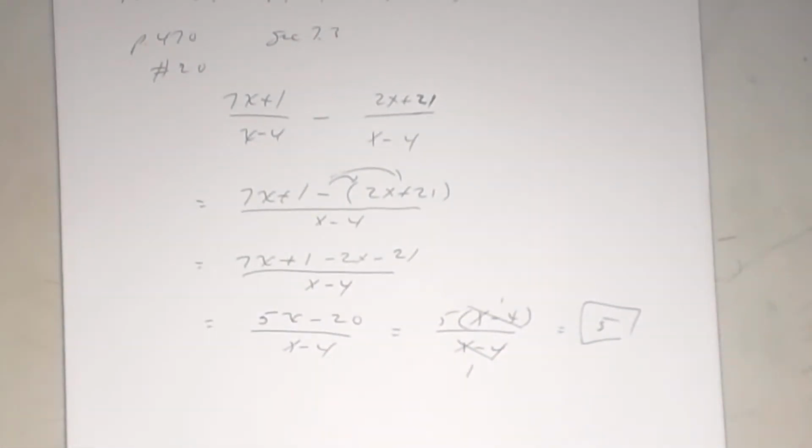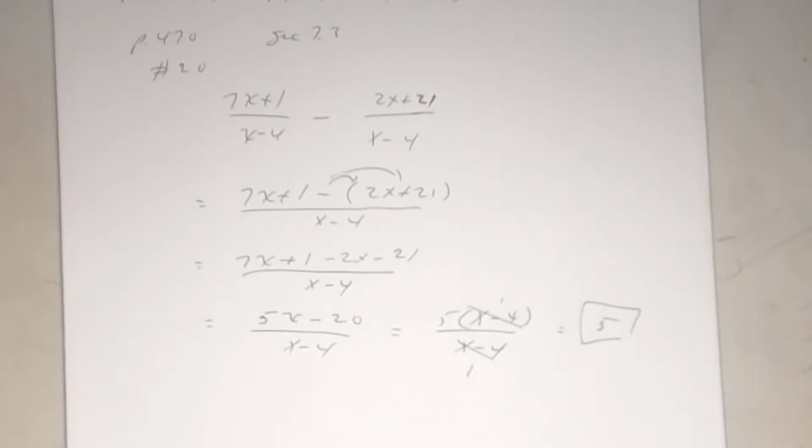This is still section 7.3. Worksheet part A deals with what we just did. Part B talks about what we're about to do, where we find the LCD and we write equivalent fractions.